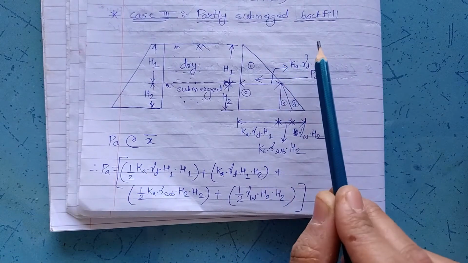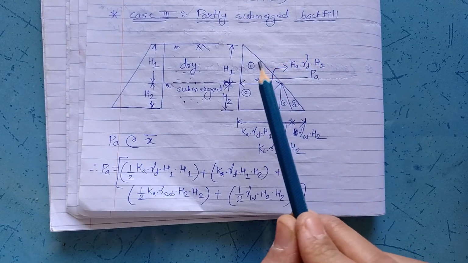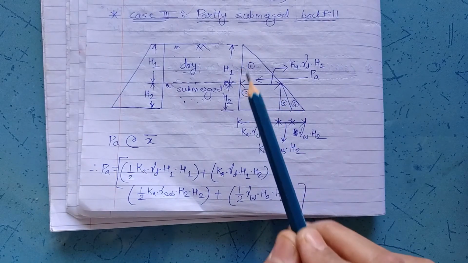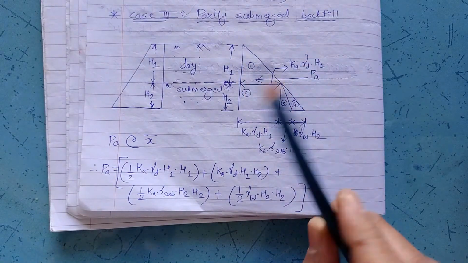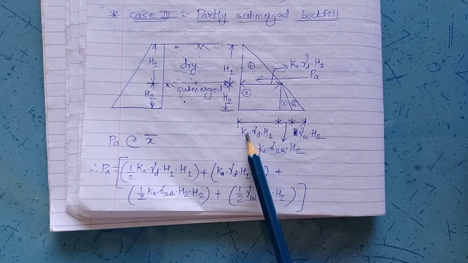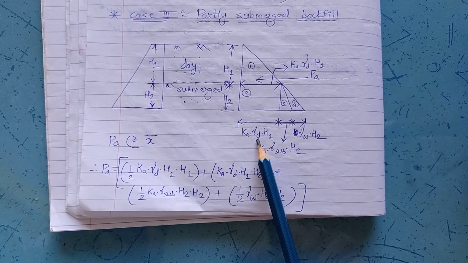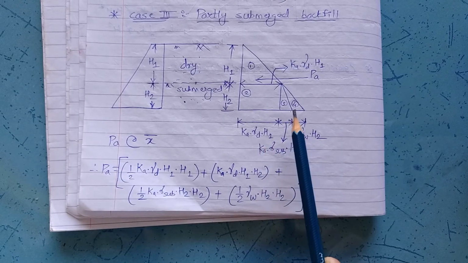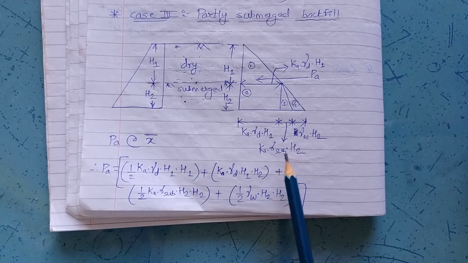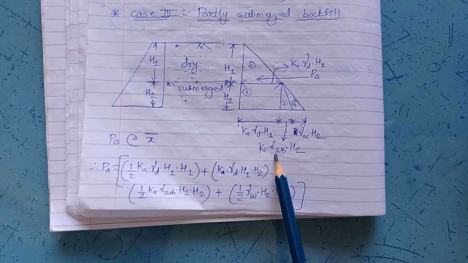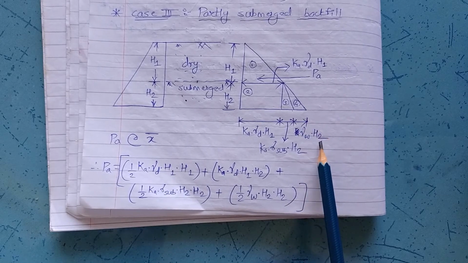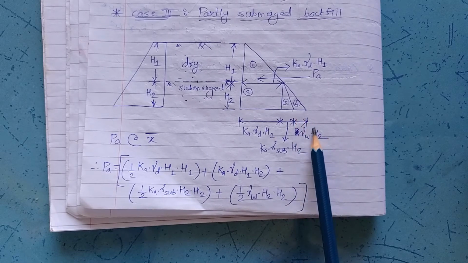The total pressure diagram will be divided into 4 components, where the first base will be Ka gamma D into H1, where gamma D is the unit weight of dry soil. The third component base will be Ka into gamma submerged into H2, unit weight of submerged soil, and the fourth component will be gamma W into H2, that is unit weight of water into H2.